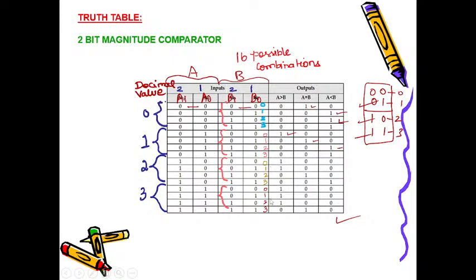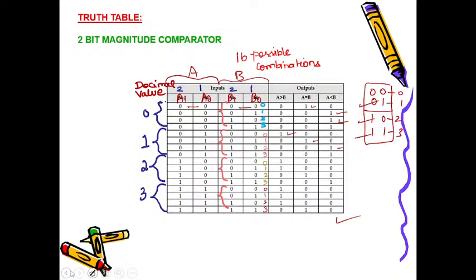What structure K-map? That has to be decided by the total number of input bits. You should not take only A and B. A is again how many bits? 2. So altogether how many input bits? 4 bits.